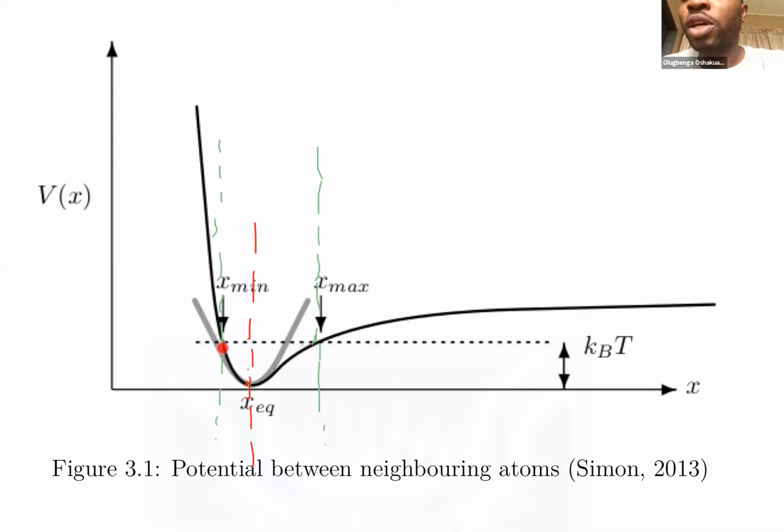And on spending more time on the right, it will be having a larger distance of separation. So on the average, because coming to the left is very steep and the right is very slanted, the length of separation on the average will be greater than x equilibrium.